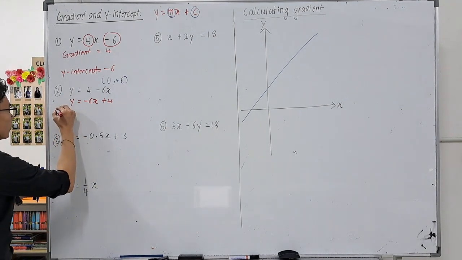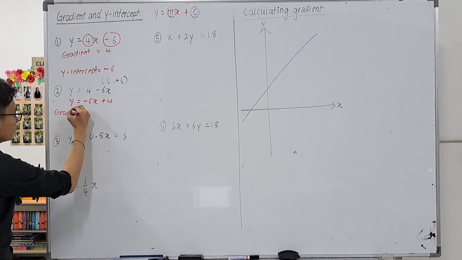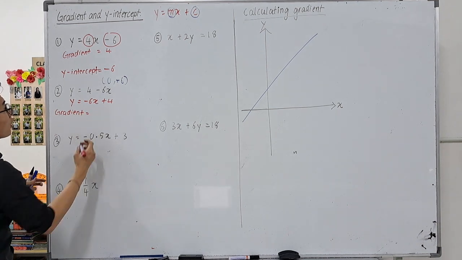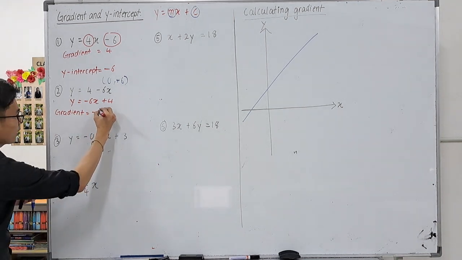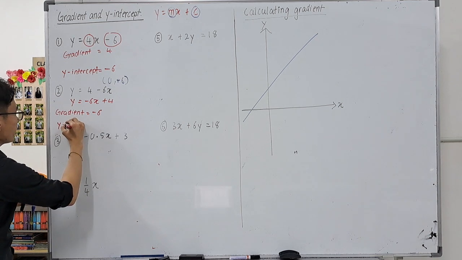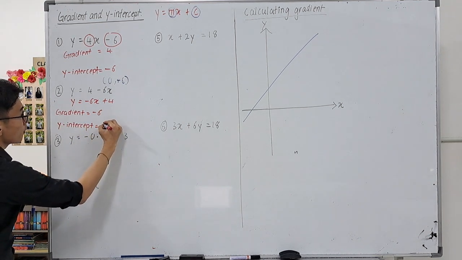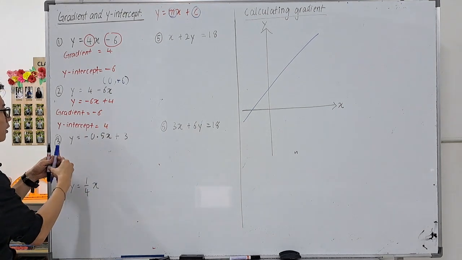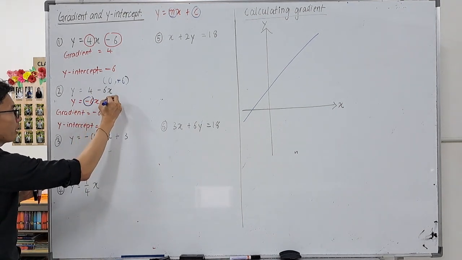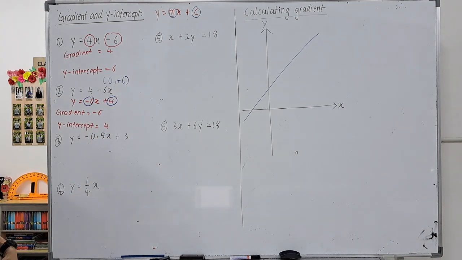So my gradient in this case is going to be negative 6, and my y-intercept is going to be 4. It's very self-explanatory. Every single number tells you.